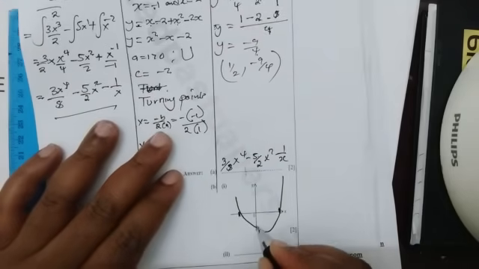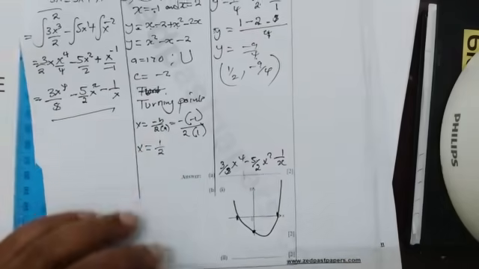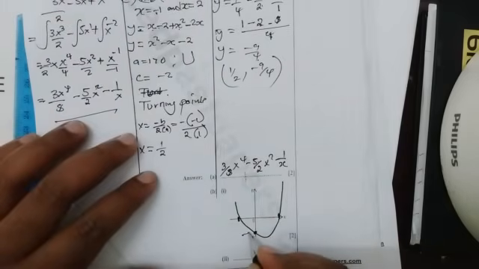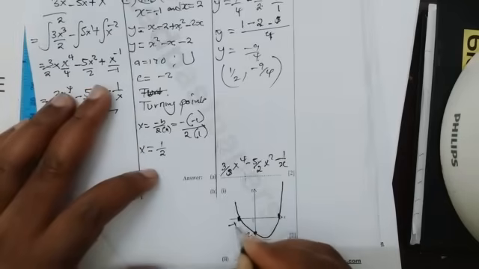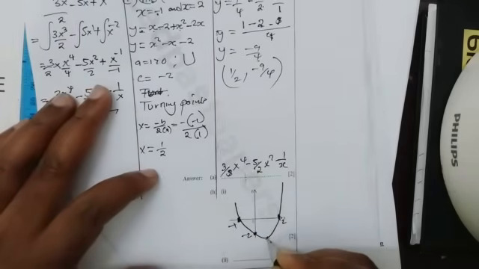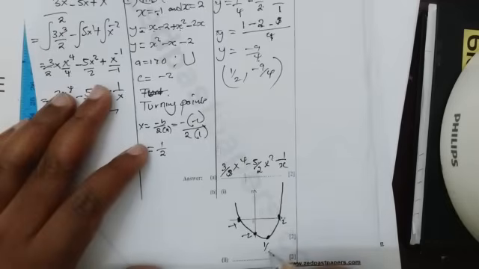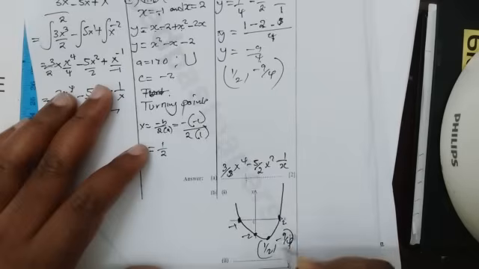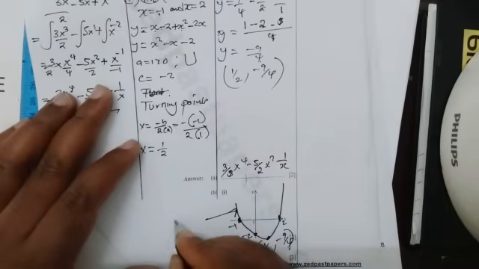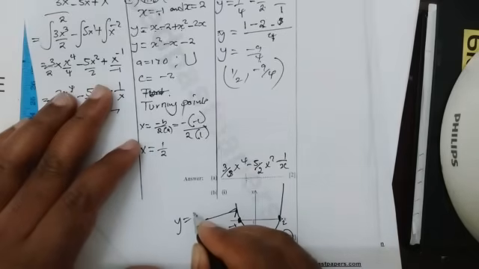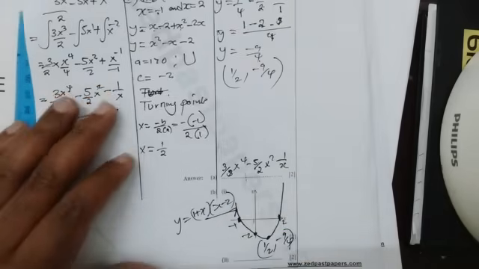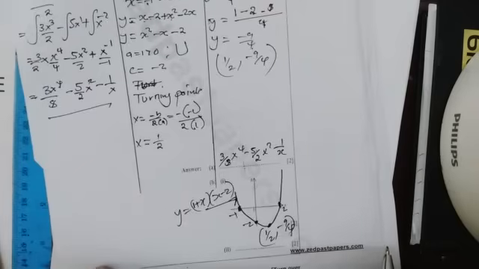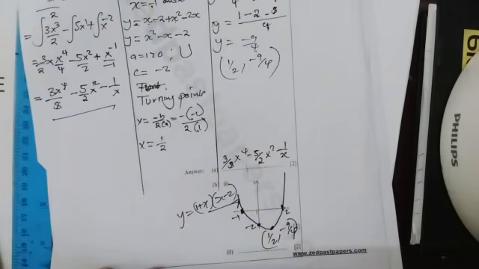Meaning that at this point, it is our y-intercept. This should be negative 2. But here, you should have negative 1. Here, it should be 2. Then the point here is the turning point, 1 over 2, negative 9 over 4. Then you name this as y is equal to 1 plus x minus 2. Okay? Alright, so those are our answers. So we'll deal with the last one.